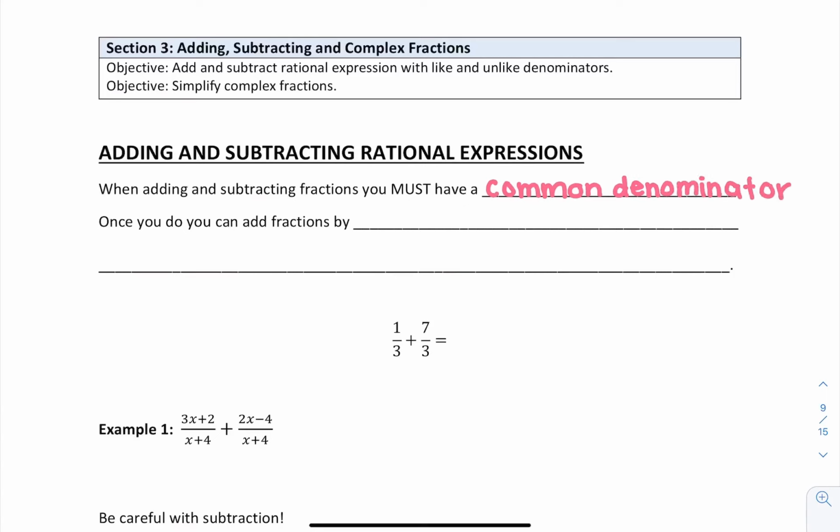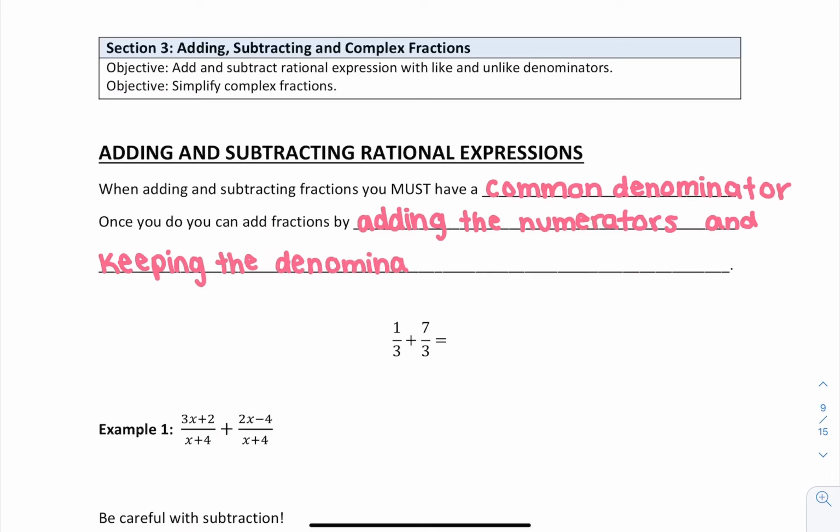Once you have a common denominator, you can combine the fractions by adding the numerators and keeping the denominators the same. So let's start off with a basic example with two fractions.